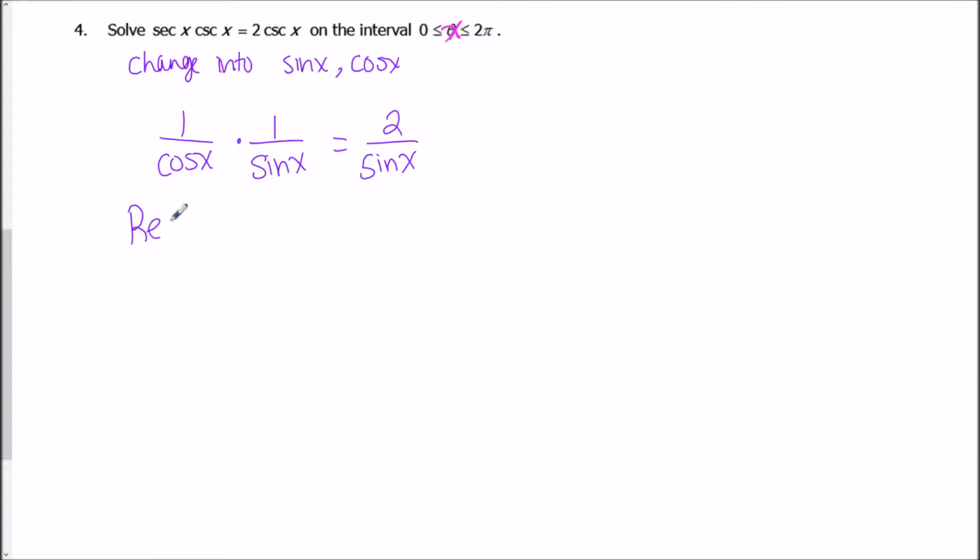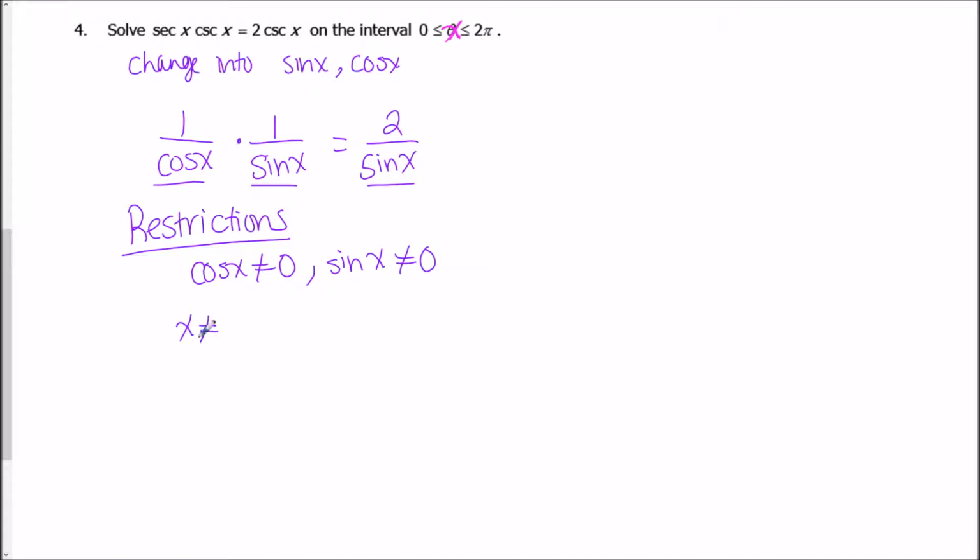Now I'm going to find out what my restrictions are. My restrictions will happen when my denominators are equal to 0. So cosine of x cannot be 0, and sine of x cannot be 0. That means x is not allowed to be, if I look at my unit circle, cosine of x is 0 at pi over 2 and at 3 pi over 2.